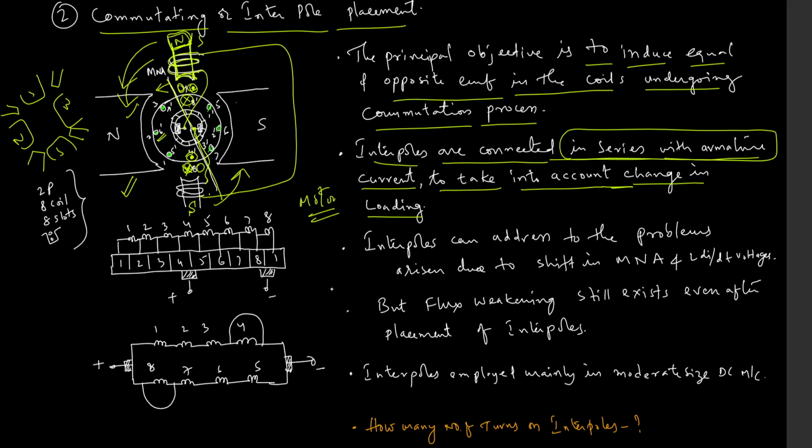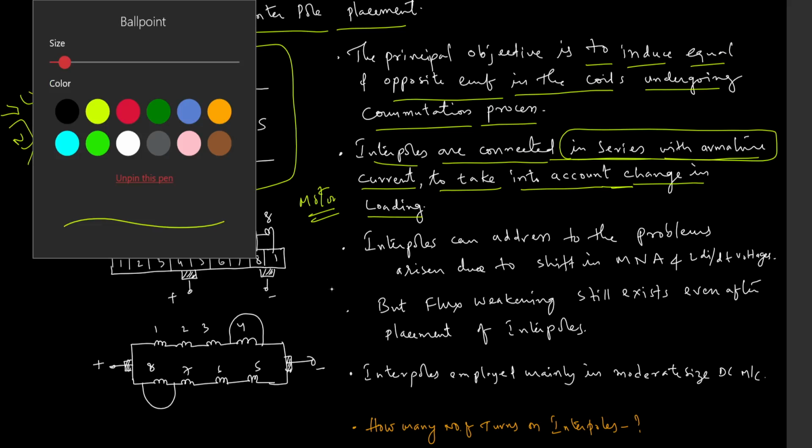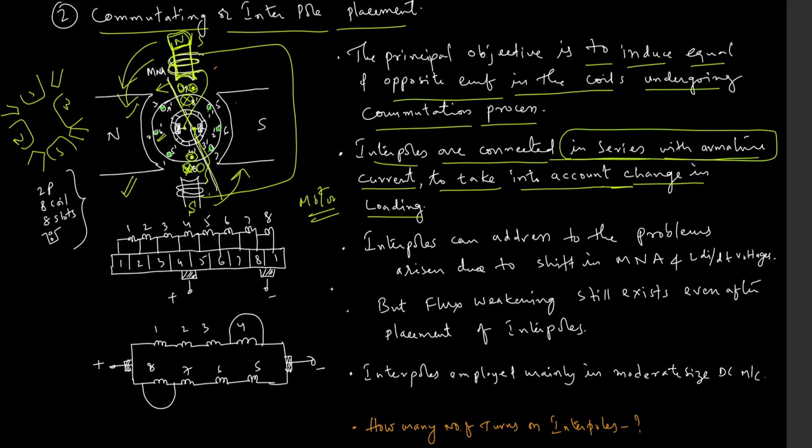Now because the magnetic neutral axis is shifted backside, this dot will be coming here, and I have to induce a cross here. So cross means this is a south pole, and here it is shifted back, so this is a cross, so the cross will come here. Now I have to induce a dot, so dot means this is a north pole, so it will be reverse to that of a generator.